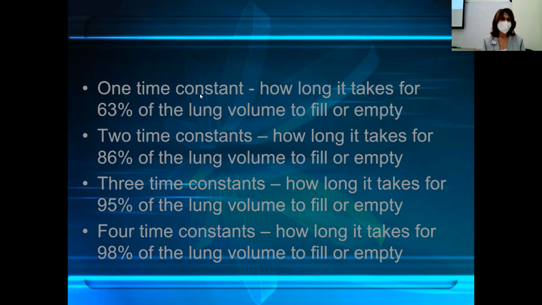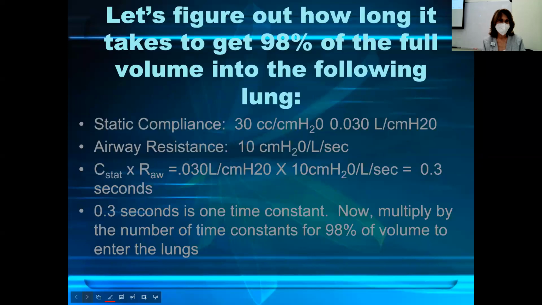But in order to get all the lungs filled with air, it's not one time constant or two time constants or three time constants. It's 4 time constants to completely fill the lungs or to empty the lungs. Does it stop there?